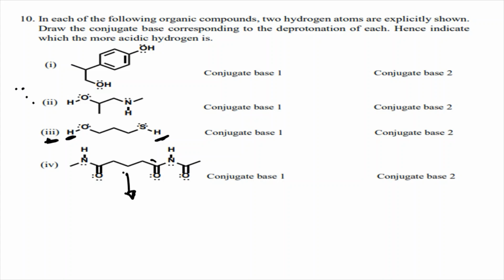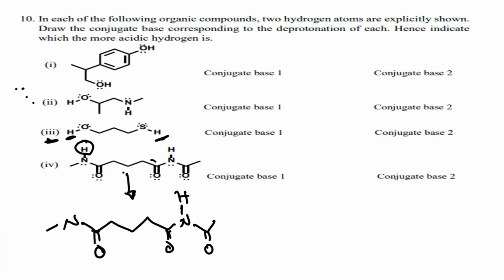If this nitrogen loses a proton, it loses this hydrogen here, it's going to be like this. So this one still has its H. This one has lost, so it will be negatively charged there. So this is conjugate 1.